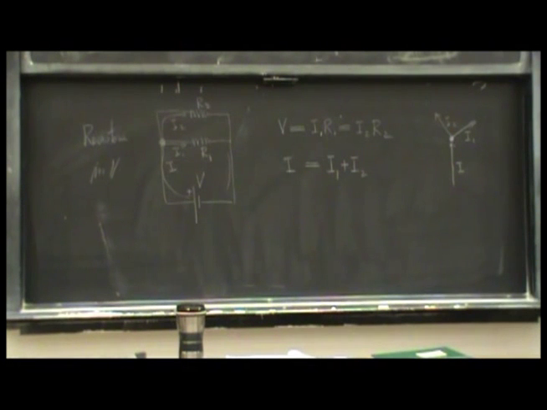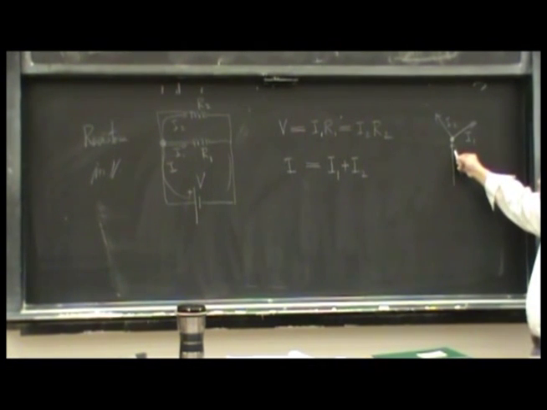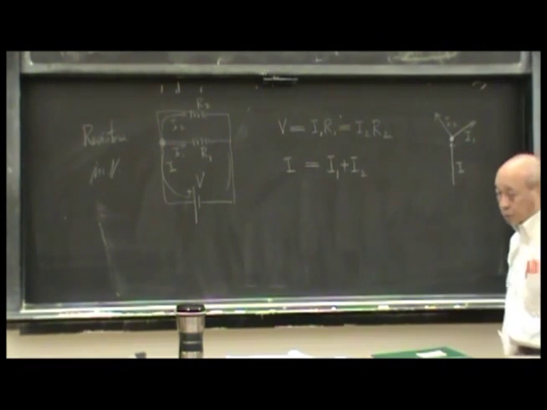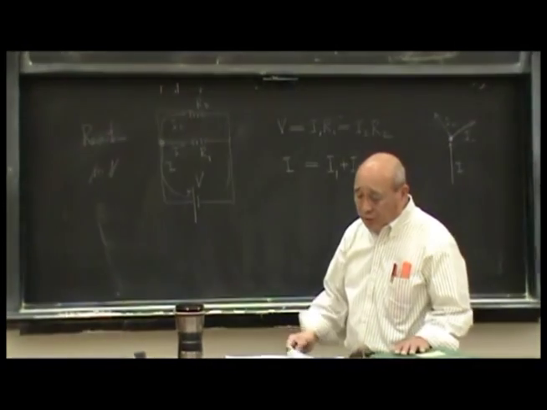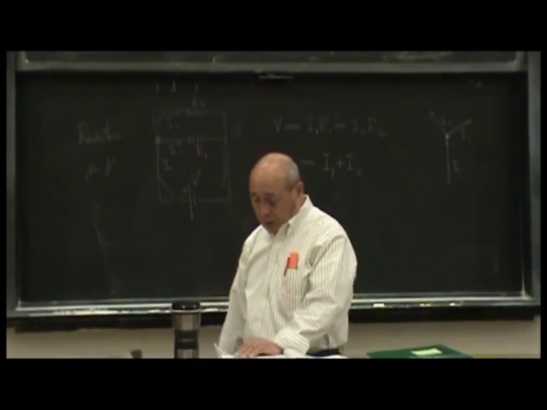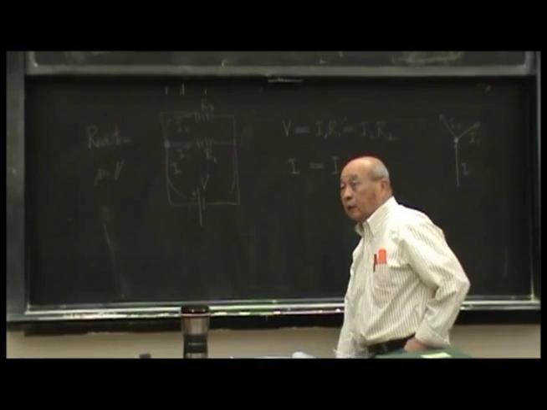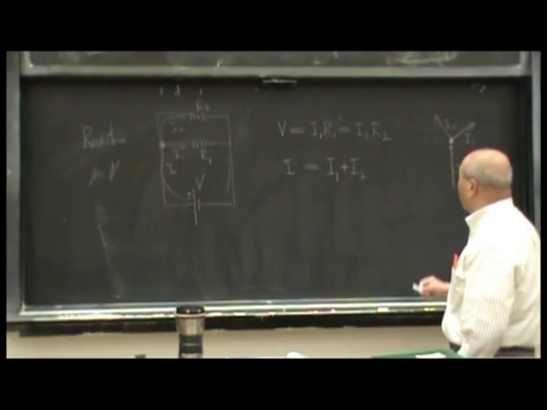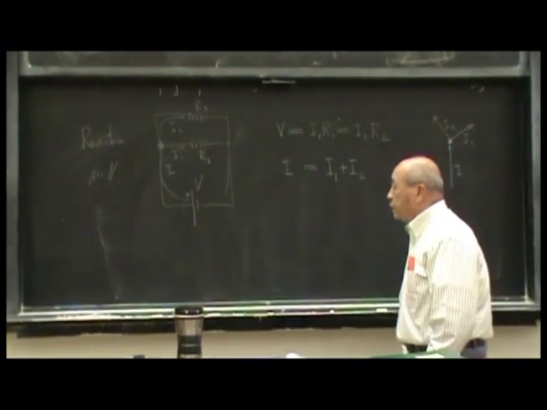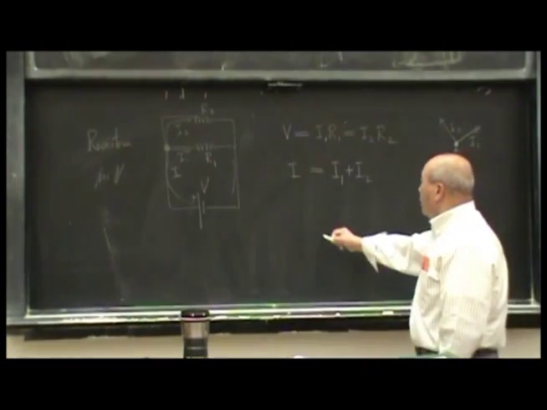We will learn about this later on. The current going in equals the sum of the currents going out. That is one of Kirchhoff's rules. We're going to apply it over and over again in our homework and examples, and it turns out to be a very important rule in electrical circuits.